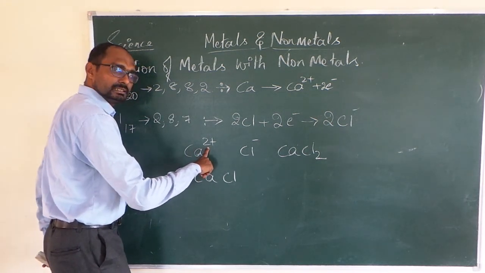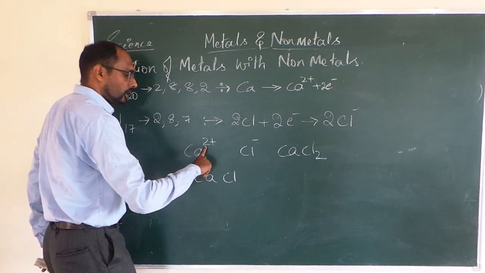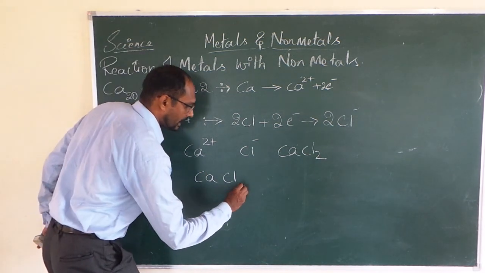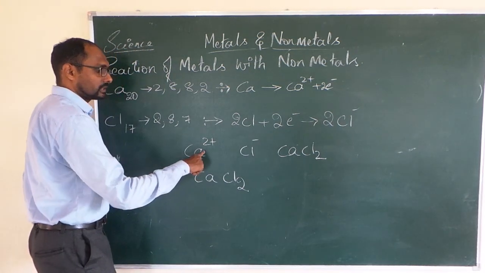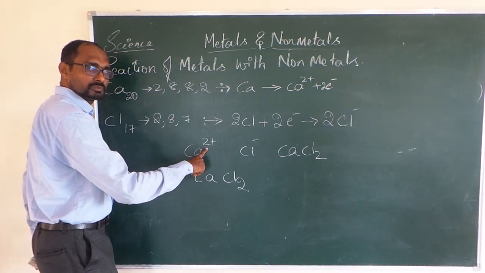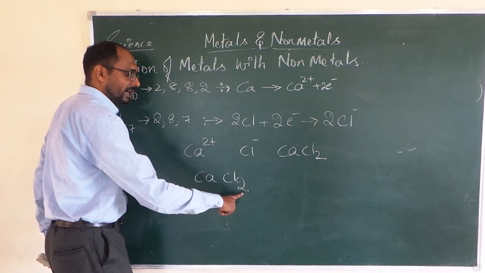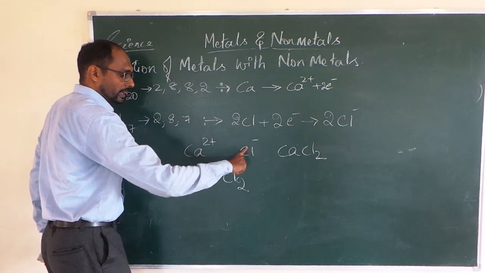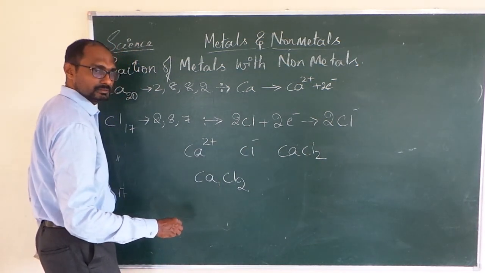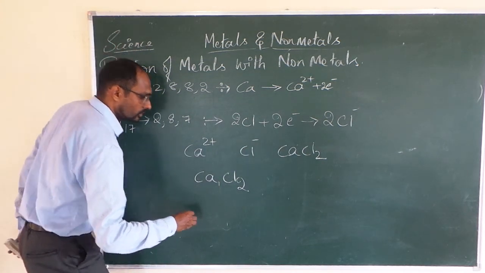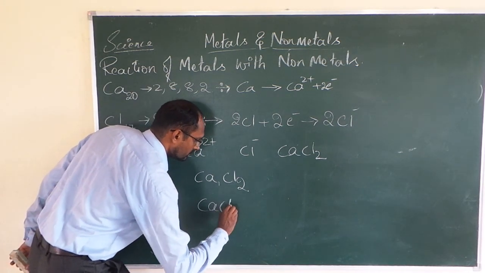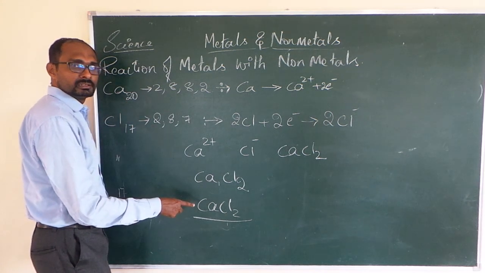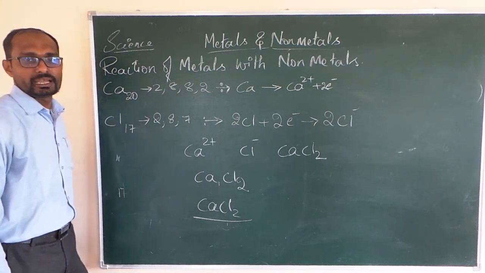The valency or the oxidation number of one element is written as the subscript for the other element. The valency of calcium is 2, the oxidation number is 2+, so I write this as a subscript for chlorine. Similarly, for chlorine it is 1, I write this for calcium as 1. So it is CaCl2. So when calcium combines with chlorine, we get calcium chloride.